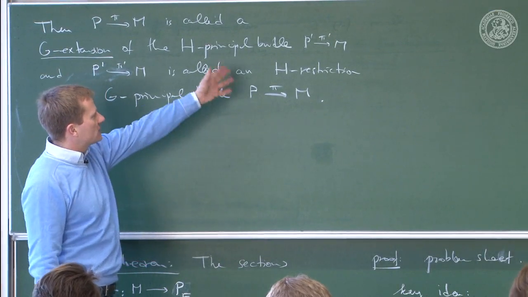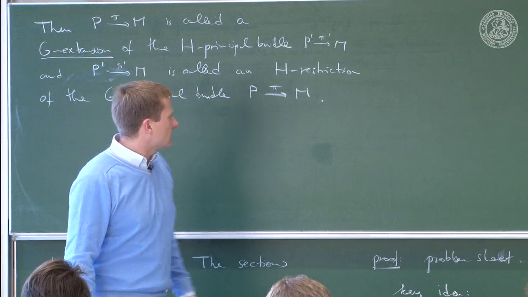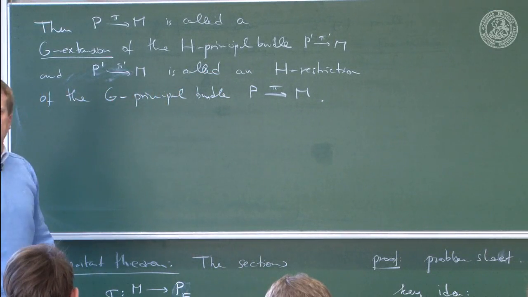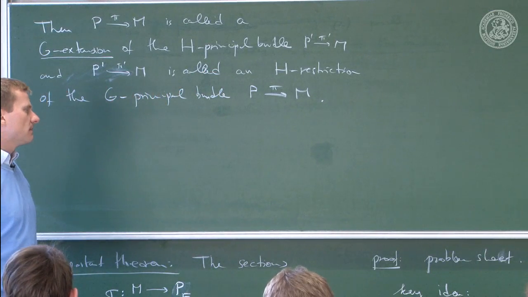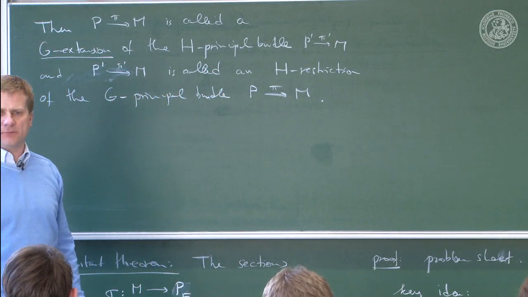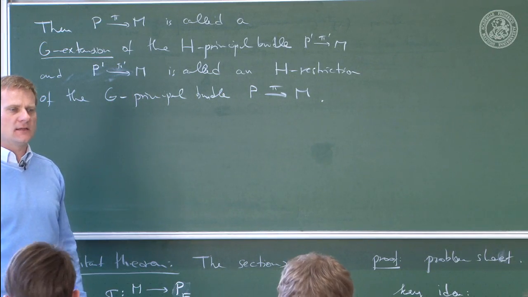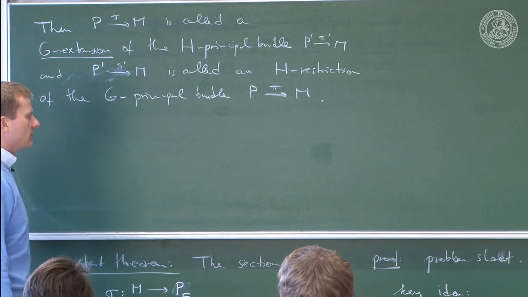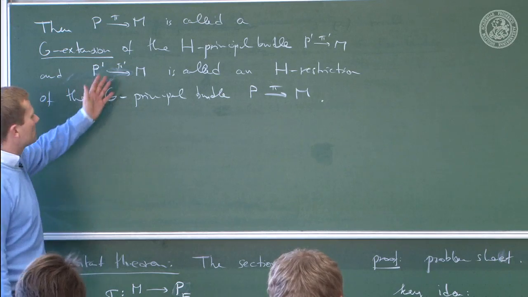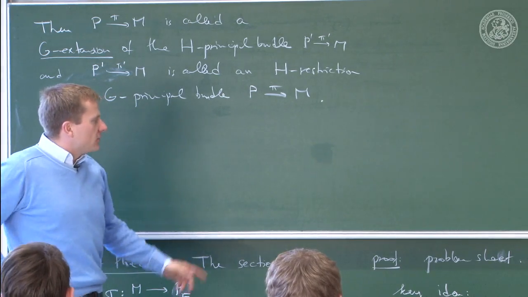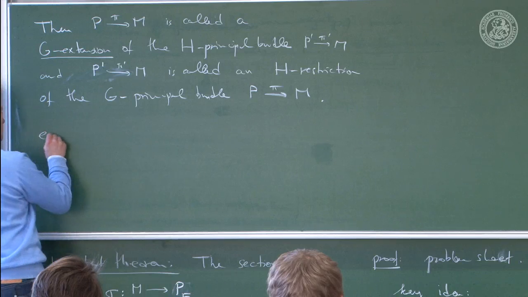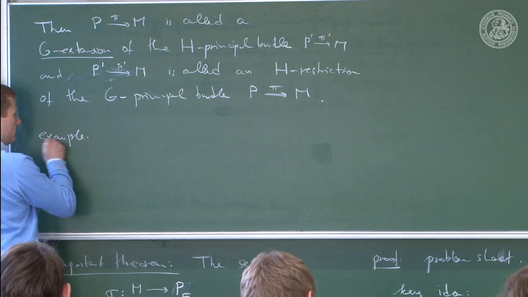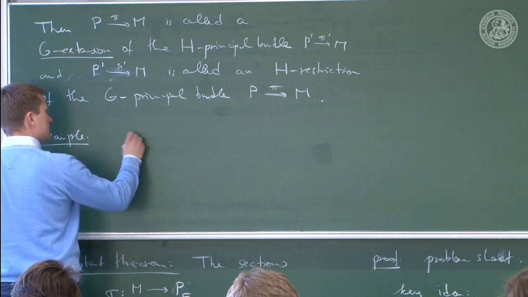So we can only make restrictions to closed subgroups, or we can make extensions from closed subgroups if there exists such a bundle map with that property. And the question is, when does it exist? But before we look at this question, let's think about what we're looking at here. There are different groups, and for example, we might want to look at something like this.